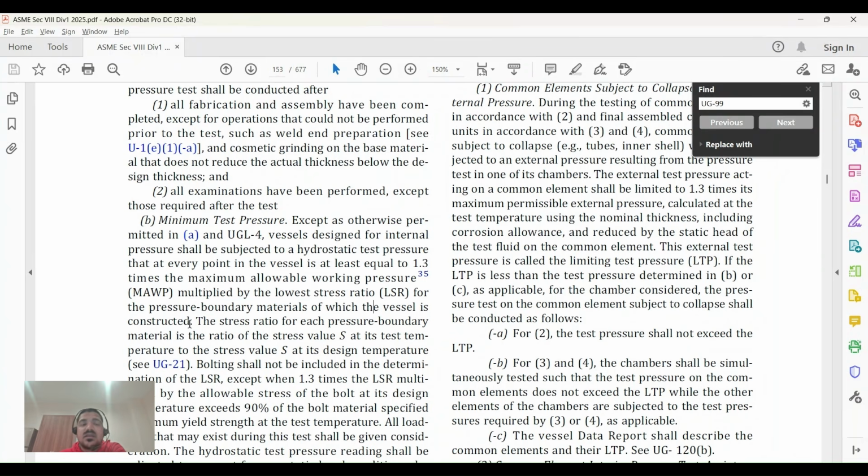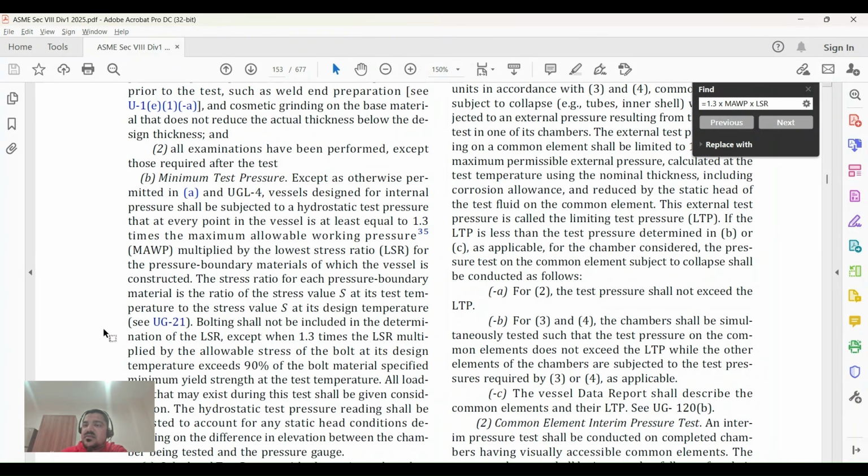So the pressure test calculation is 1.3 times MAWP multiplied by the lowest stress ratio of the material under construction. With this you can get the pressure test value.